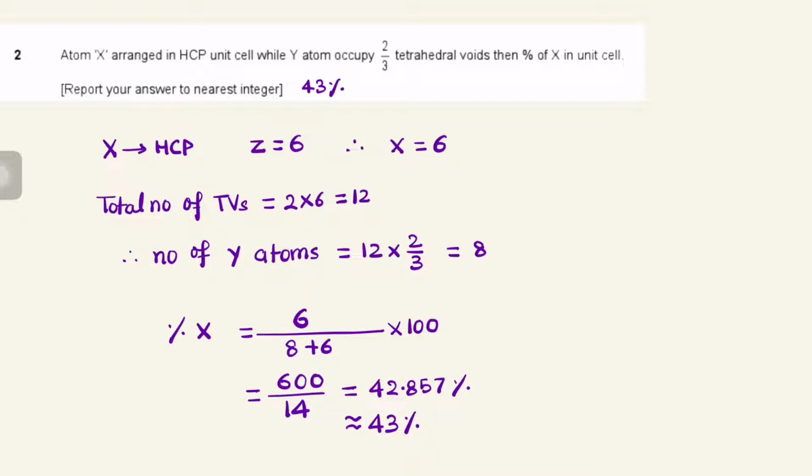Now we'll move to the next question. Which set of quantum numbers represents degenerate orbitals?